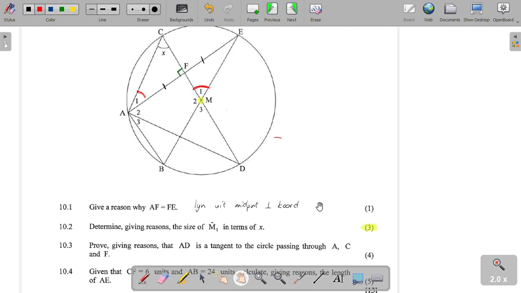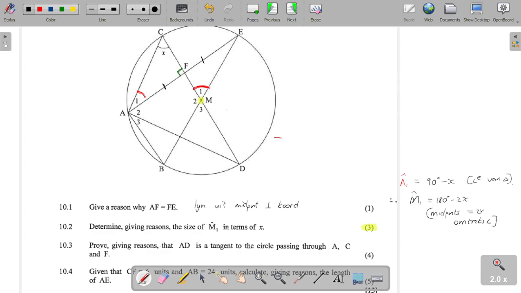Okay, goed, so ons kan sê hoek A1 is gelyk aan 90 grade minus x, somhoeke van 'n driehoek, which means that angle M1 will be 180 degrees minus 2x, because of that.